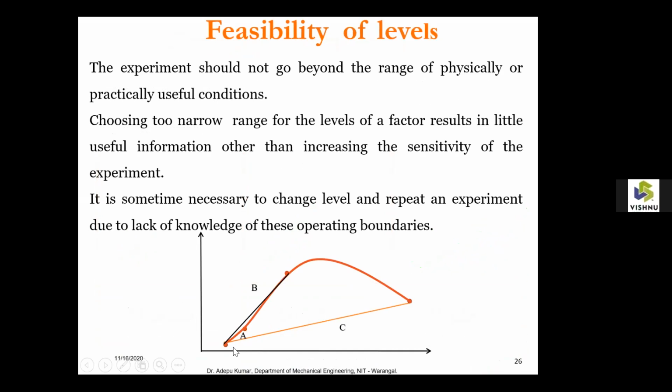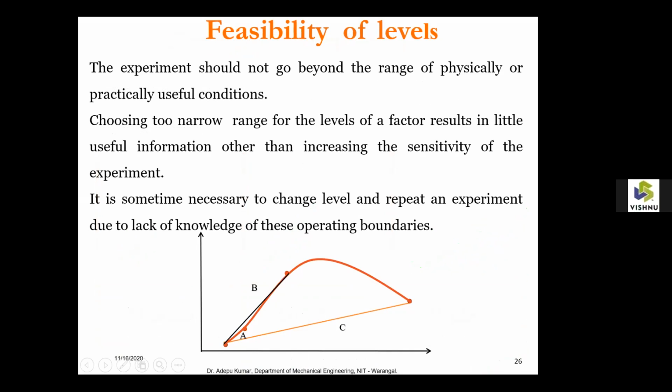Let us say this is the level, the range. Range A, 0 to A, is one range, 0 to B another range, and 0 to C the third range. So I am seeing the effect of the variable on the performance.